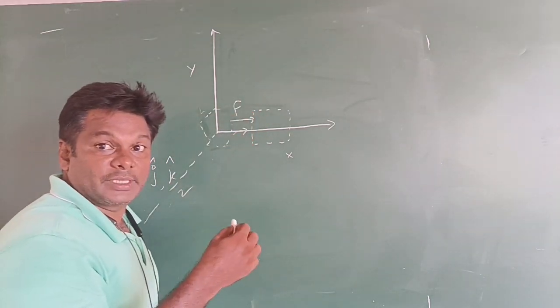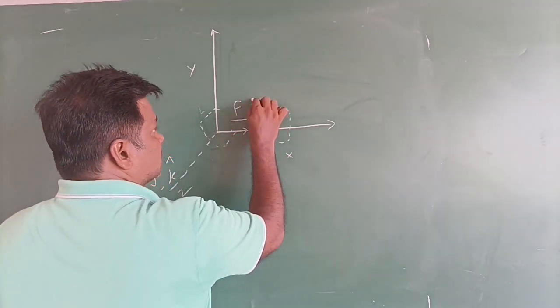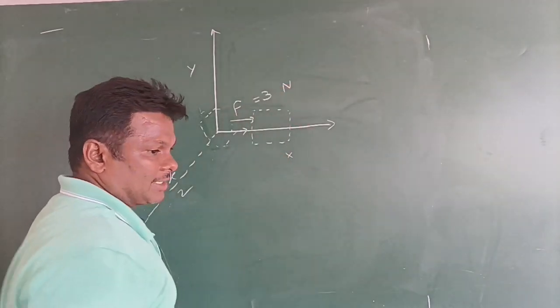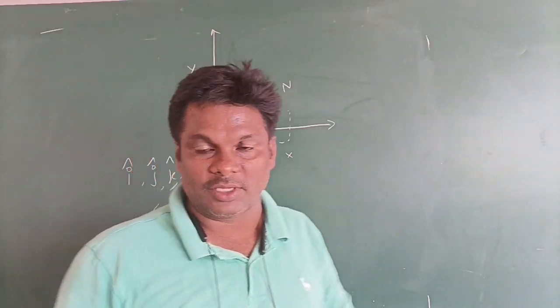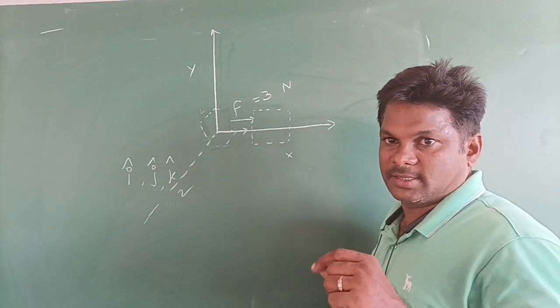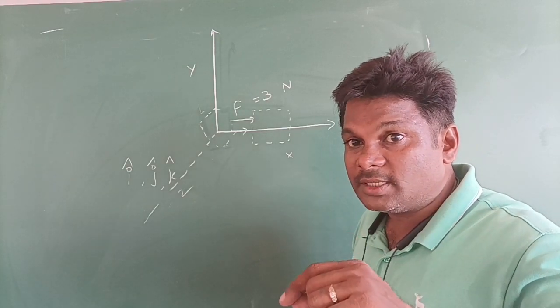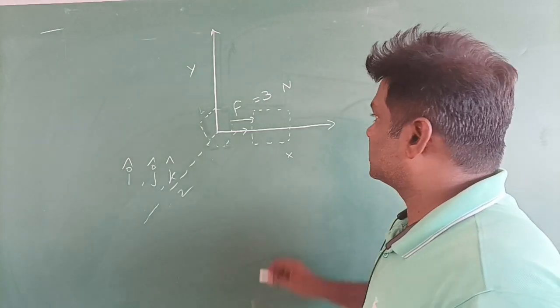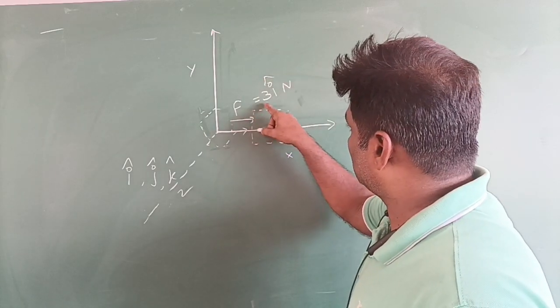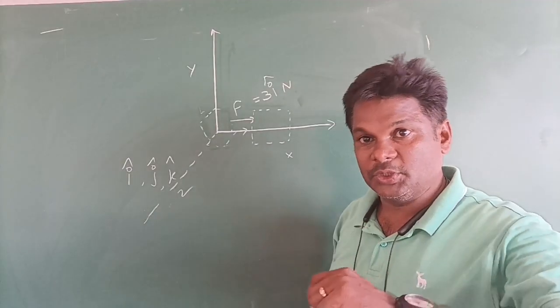How many units of force is acting? 3 units of force is acting along x-axis. In which direction? Along x-axis. You can denote it like this: F is equal to 3 i cap newtons.